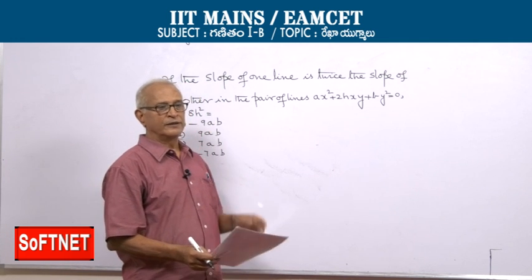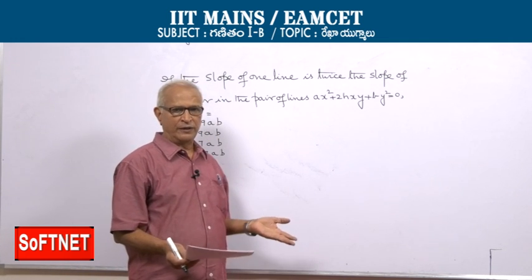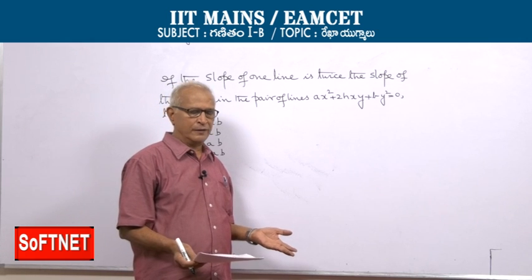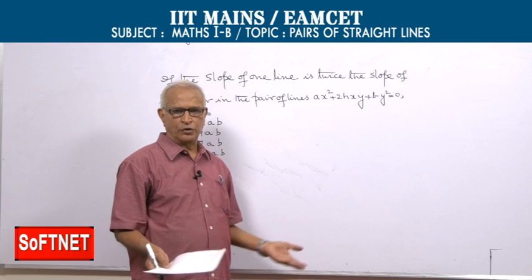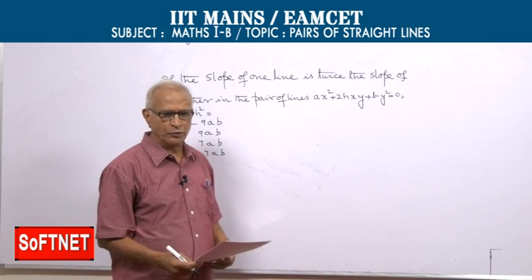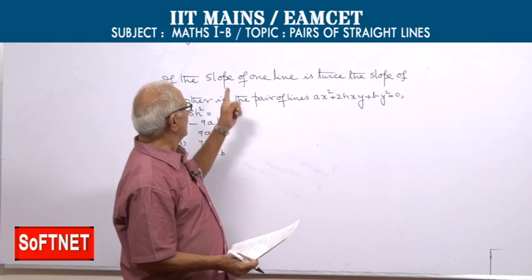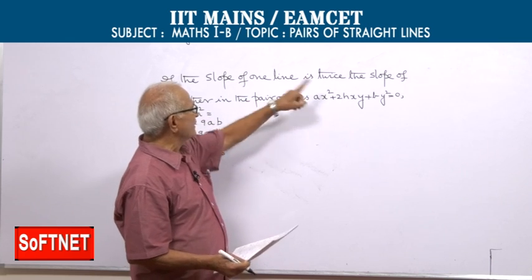So once again, this is a problem on the relation between the slopes of the lines represented by the equation. Sum of the slopes is minus 2h by b and product of the slopes is a by b. So slope of one line is twice the slope of the other.